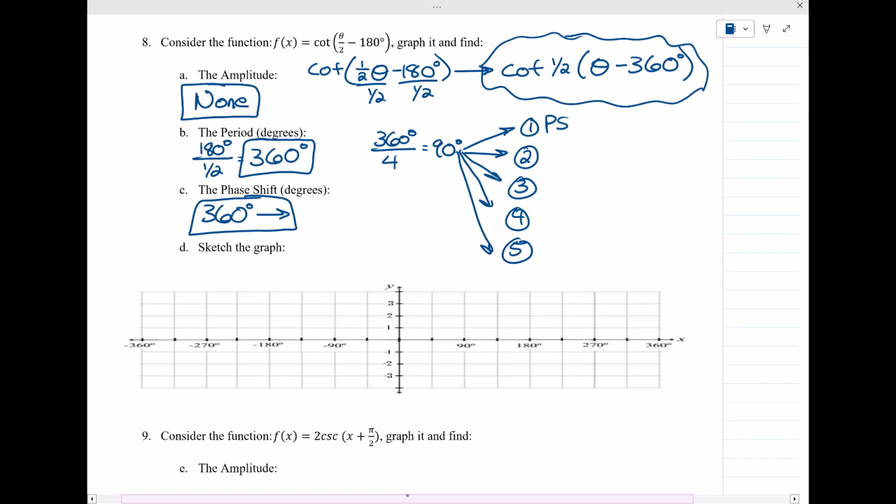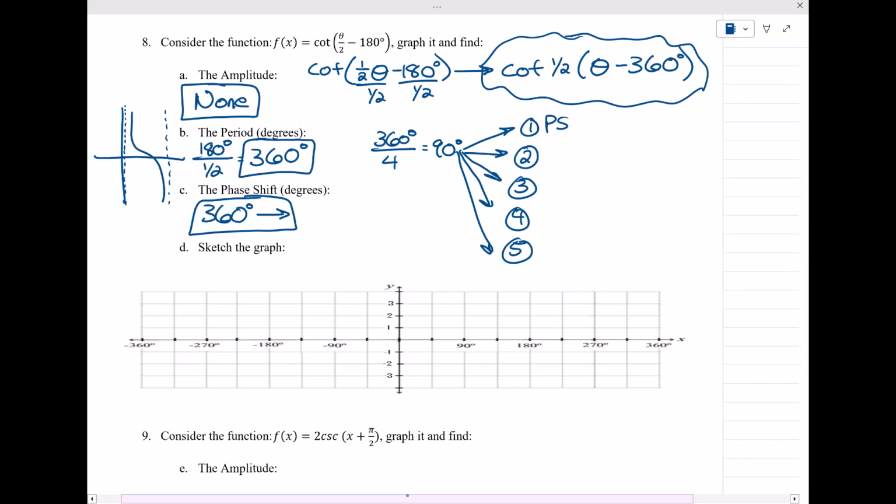And now we have to try to remember what cotangent looked like. Cotangent, if you remember, started with an asymptote at 0. And then what happened was the graph went like this, for the duration of the period.